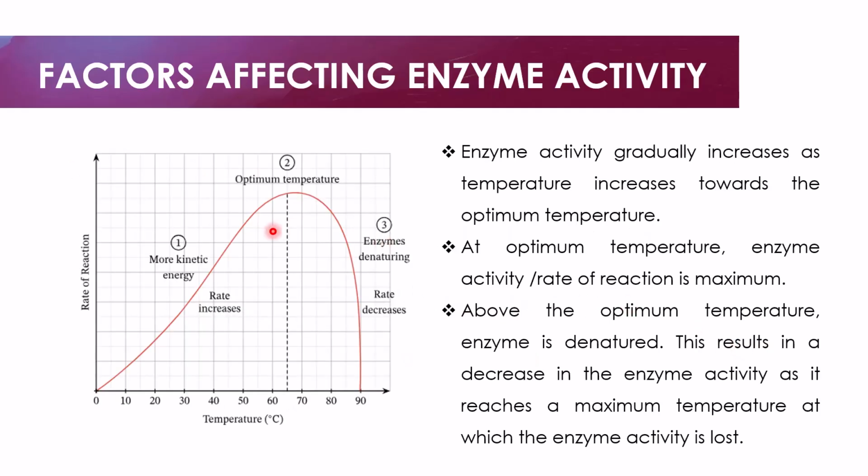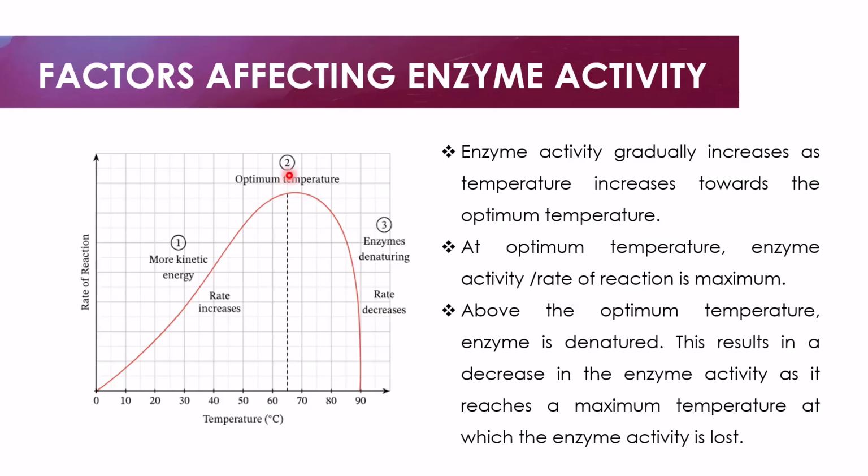Let us study this graph showing how temperature affects enzyme activity. As you can see over here, as temperature increases from 0 to the optimum temperature, more kinetic energy is produced. Hence, the rate of reaction also increases.